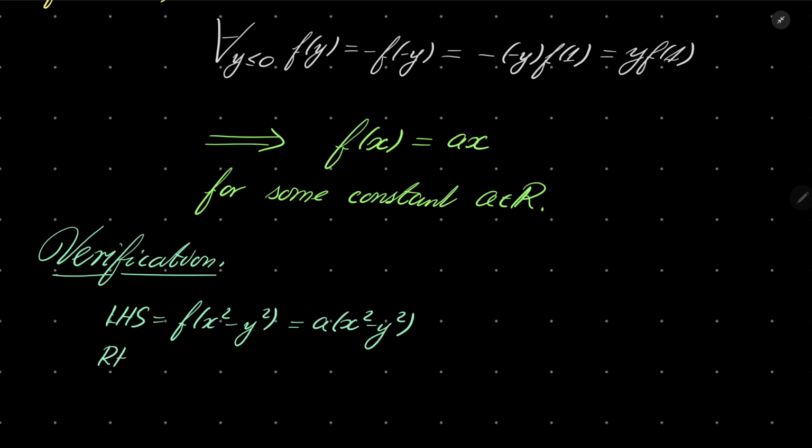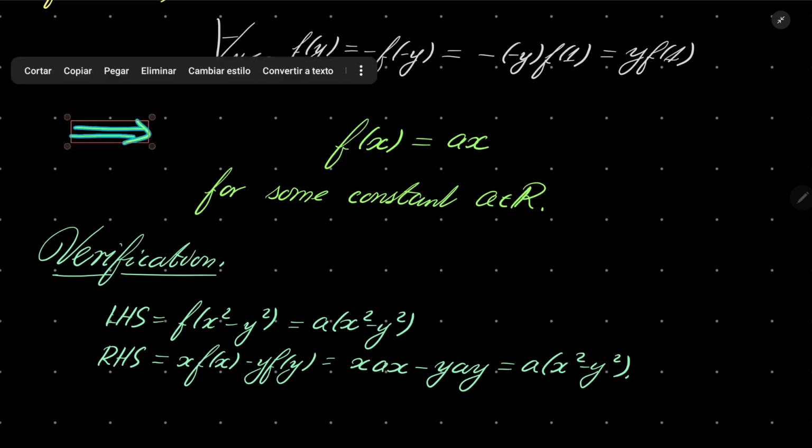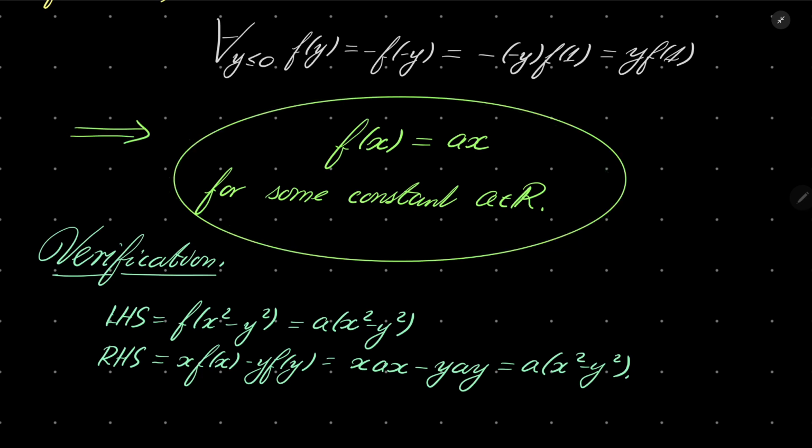And on the right-hand side, we have x times f of x minus y times f of y, which is x a x minus y a y, exactly the same. So now we know that our solution set consists of linear functions. And that closes our problem.